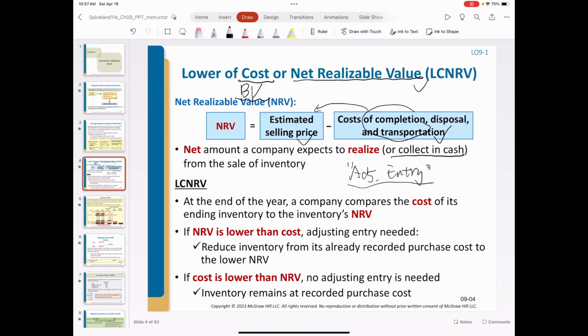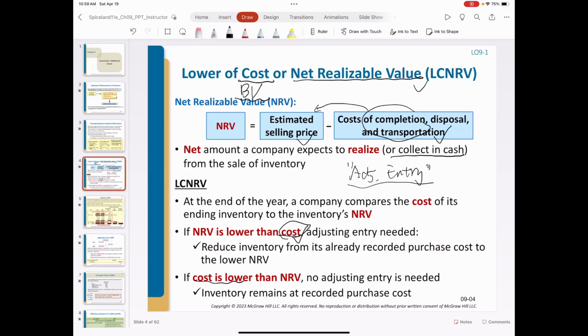If we have NRV, we will compare it with the book value. If the NRV is lower than the cost, this cost represents the old book value, so the book value is overstated. Then we use the NRV to replace the old cost as the new book value.